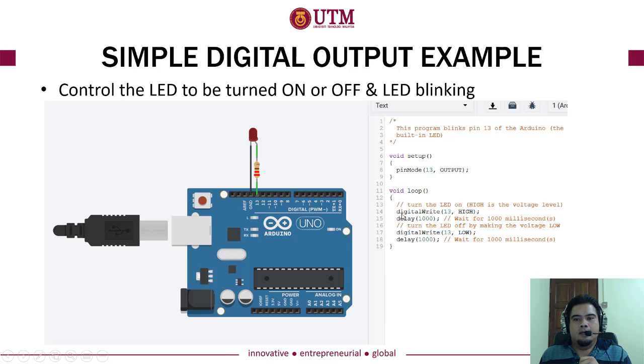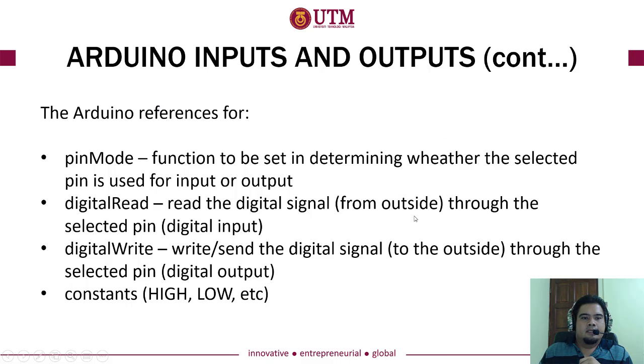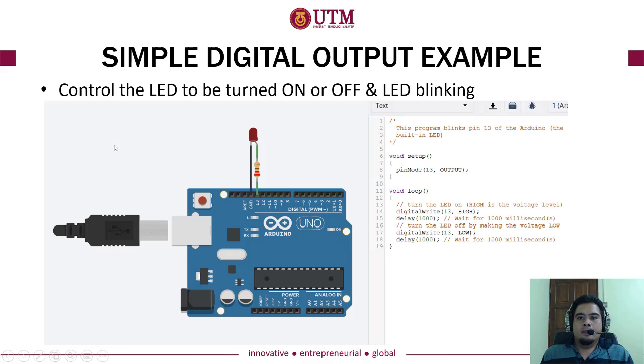you use this function, which is digitalWrite. Again, digitalWrite is to send or write a digital signal to the outside, meaning that from the Arduino you want to write to the outside. Of course, this can be used if you set the port as output. If you see over here, we already set our pin number 13 to become output.